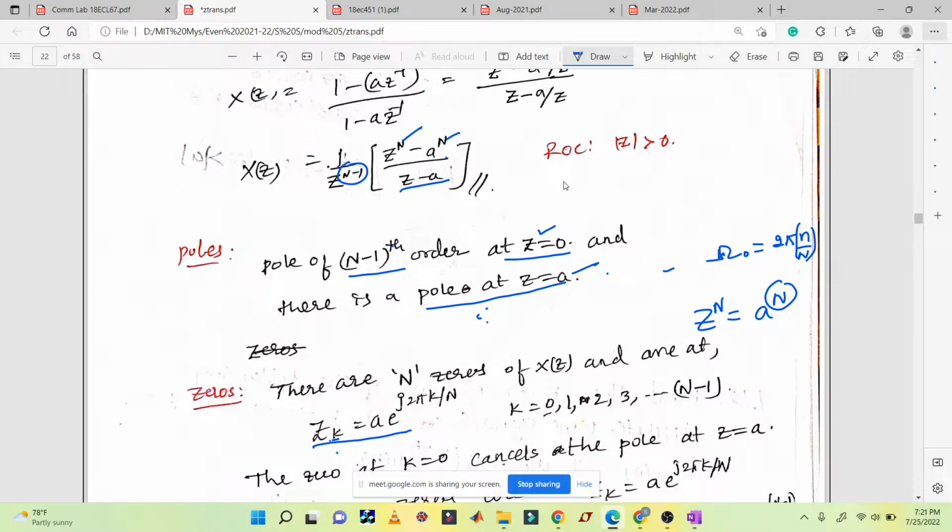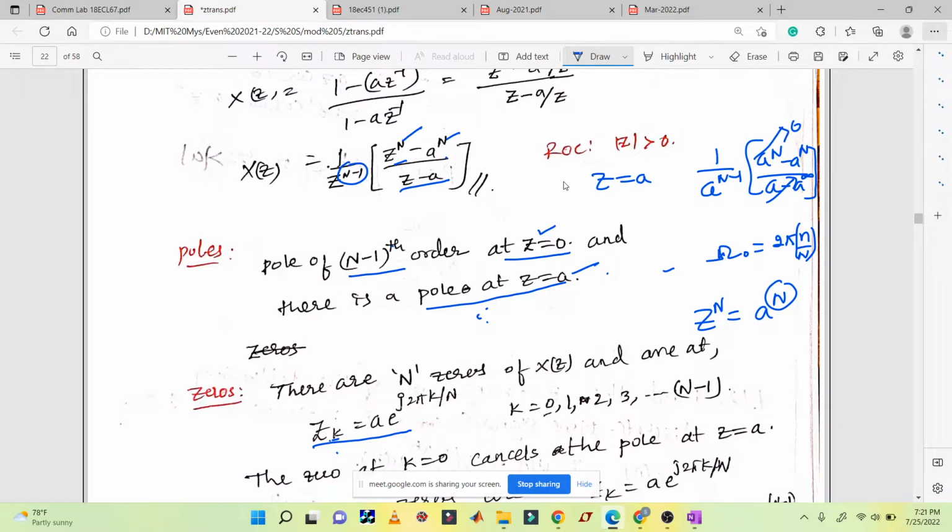If I substitute z equal to a, what will happen to this equation? 1 divided by a to the power n minus 1, we leave this part. Whereas this one is a to the power n minus a to the power n divided by a minus a. So you can see here, this will lead us to 0 as well as to infinity.